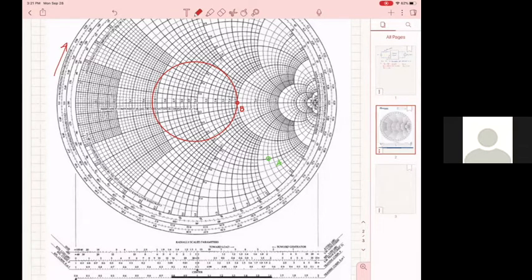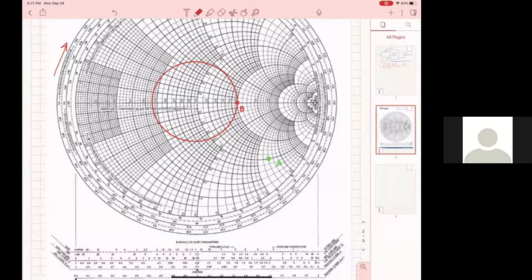So from B, I can go clockwise, and wherever I go, that implies that I'm going along a transmission line. If I take that route, then obviously I will stop at the point that is going to get me the closest to A, but on a constant resistance circle.